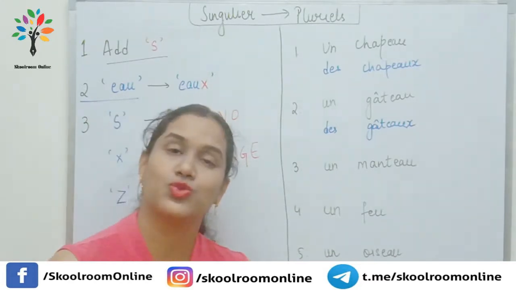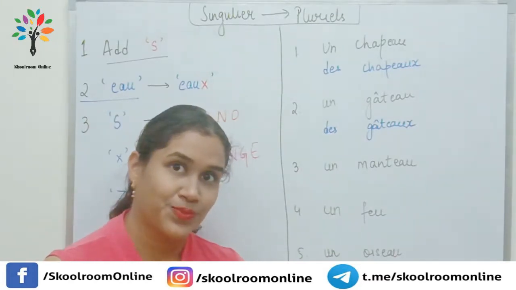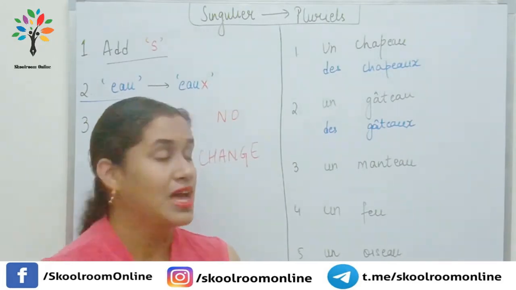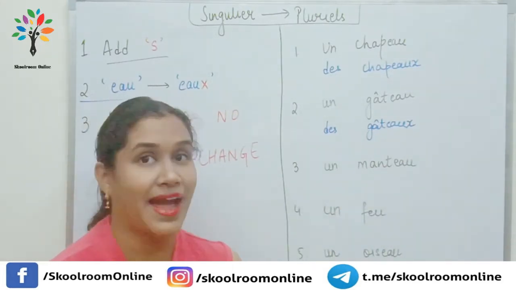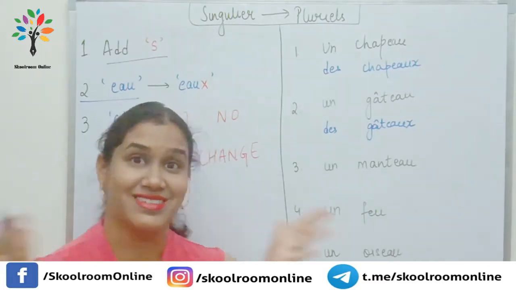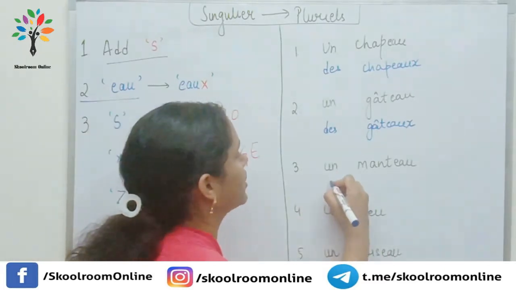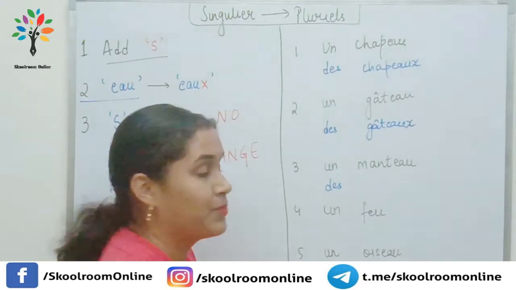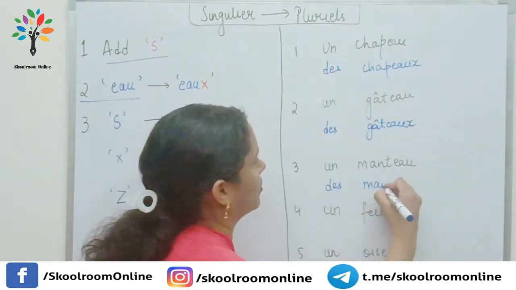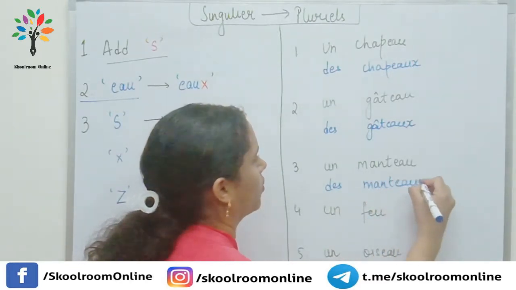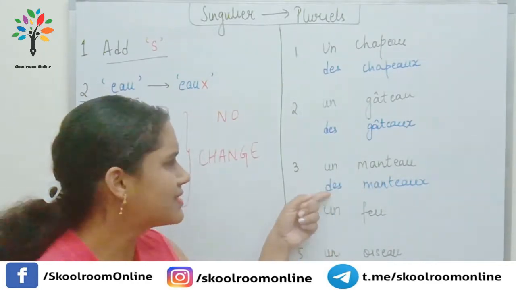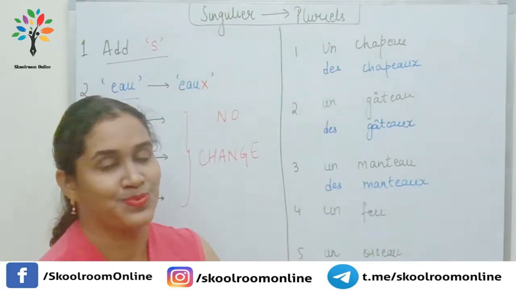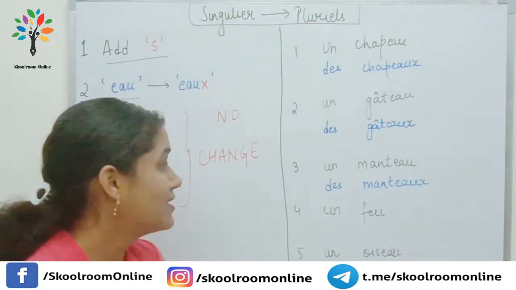Change the article to the plural form. Good. And since this is ending in E-A-U, we add an X. Excellent. So this will change to des manteaux. A coat, some coats. Okay.